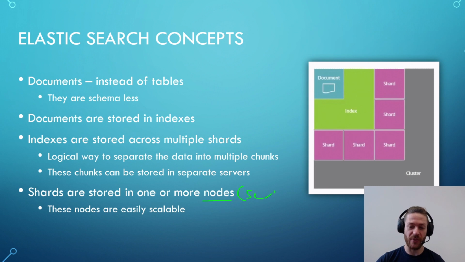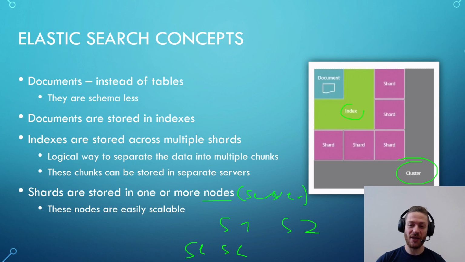Consider a node to be a server, and all of these servers combine into a single cluster. So you have lots of servers. Each server contains shards. These shards contain indexes, and these indexes contain the documents.